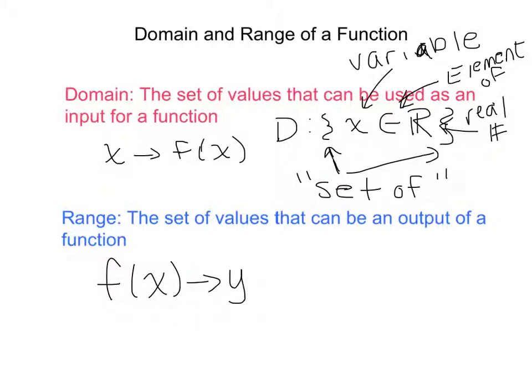We might write that as an example: range is a set of y values, where y is the element of real numbers. I'm just going to erase that line because I did it by accident. So this is just a basic example for domain and range.